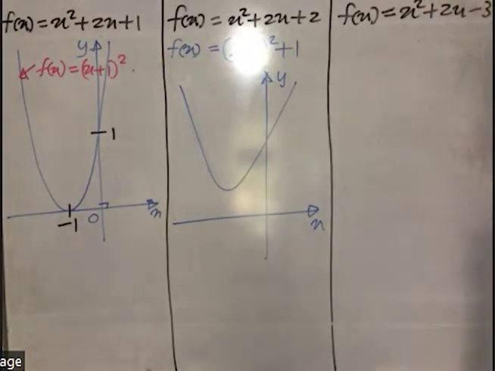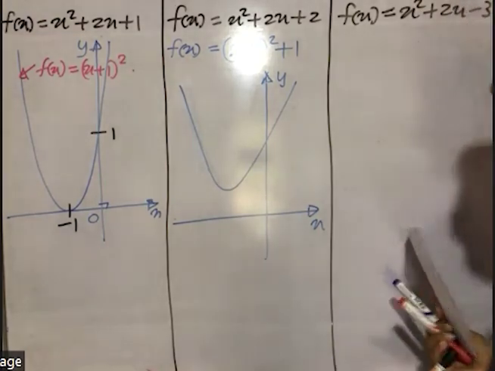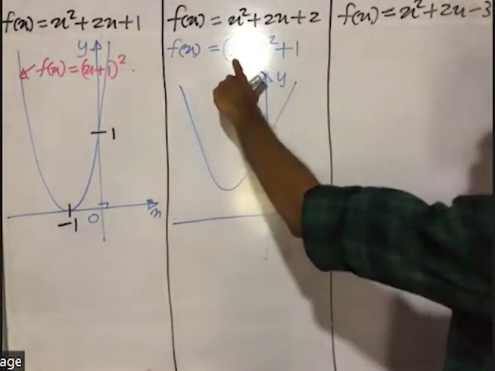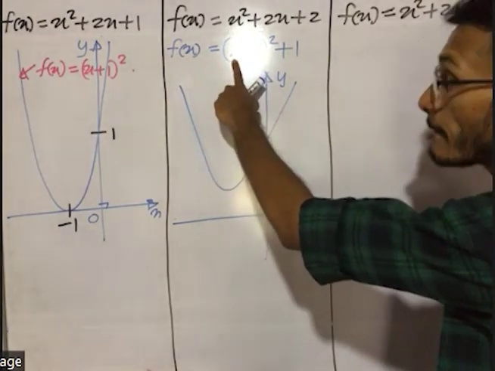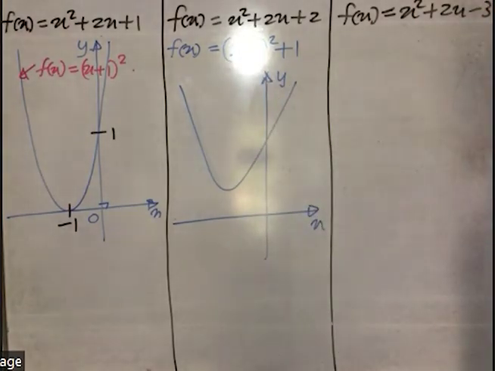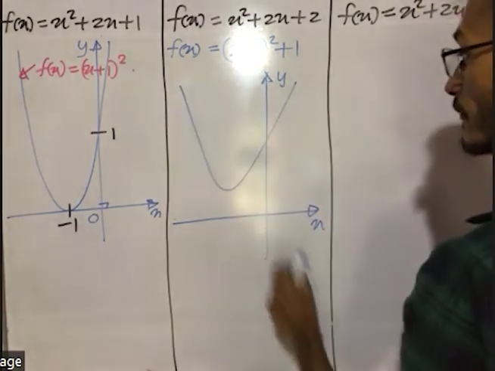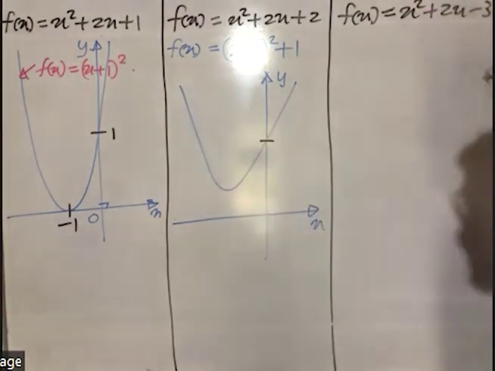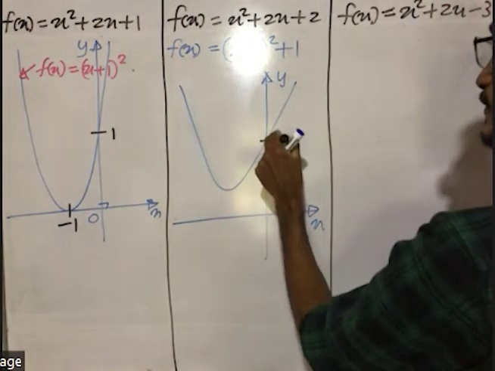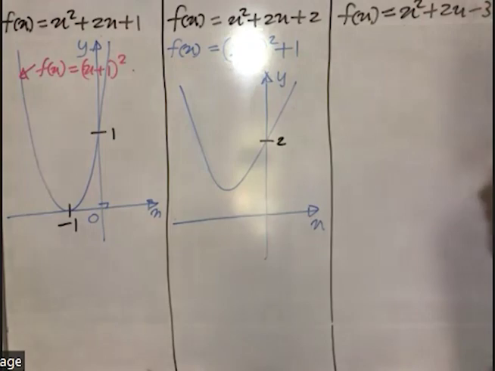Now, here also, if you put x equal to 0, you will get the value of the y-intercept. That means the intersection point of the graph with the y-axis, right? So that is equal to 2.